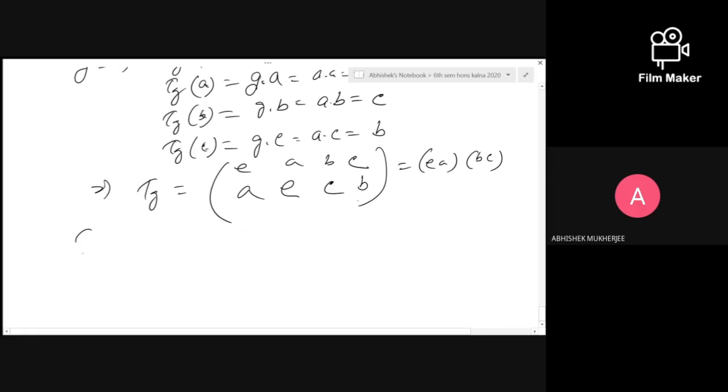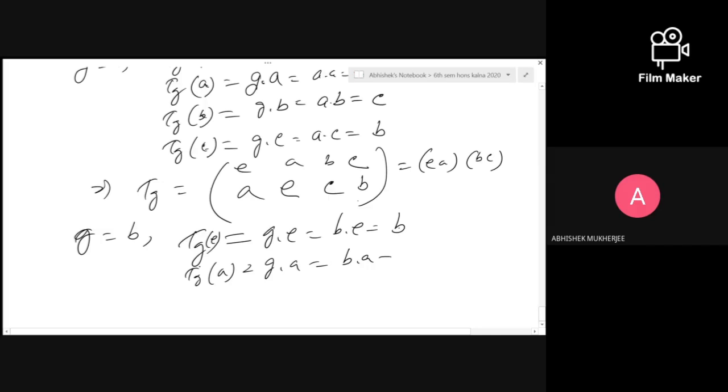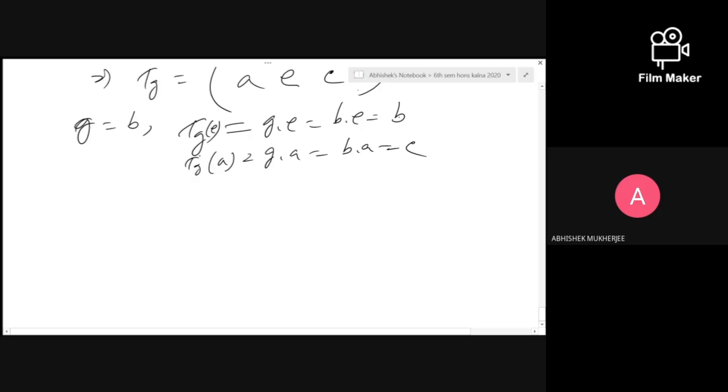Now let G equal to B. Then what is tau G? Tau G E is G dot E, that is B dot E, which is B. Tau G A, G dot A, B dot A, that is C. Tau G B, G dot B, that is B dot B, that is B square equal to identity.